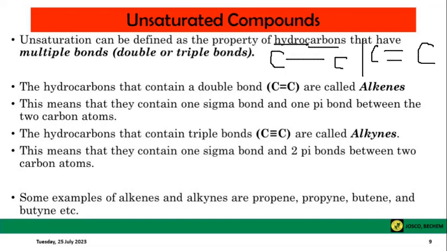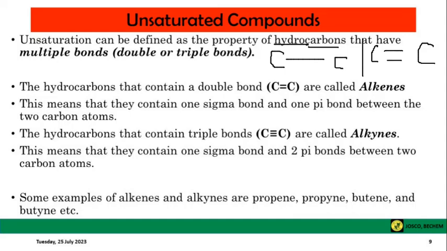Again, we said the bonds can be more than two, i.e., three. So therefore, when you have a hydrocarbon having two or three bonds, which would classify as double and triple bonds, such hydrocarbons are referred to as unsaturated organic compounds.